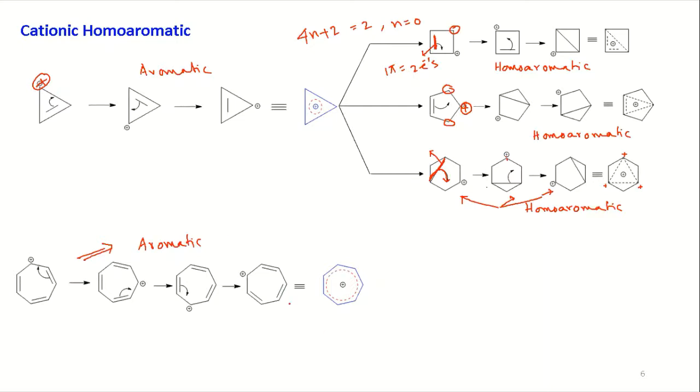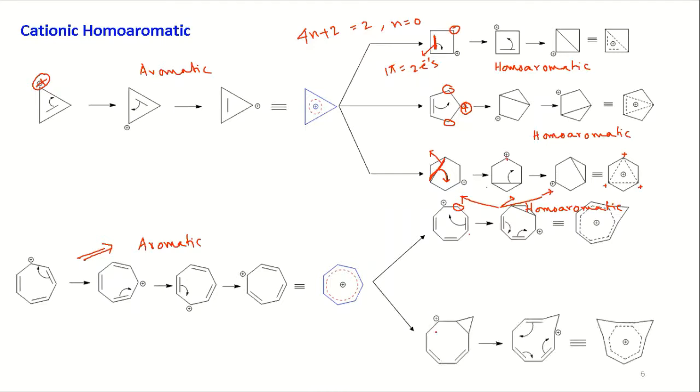Now your homoaromatic can be based on these also. Let us look at how. If you have an 8-membered ring with a positive charge here, with 3 pi bonds, it overlooks this particular center and maintains the aromaticity. It moves here, you have a positive charge here, and only this sp3 center will be in the upward direction and the others will be in the base.